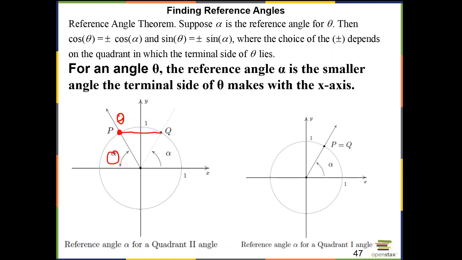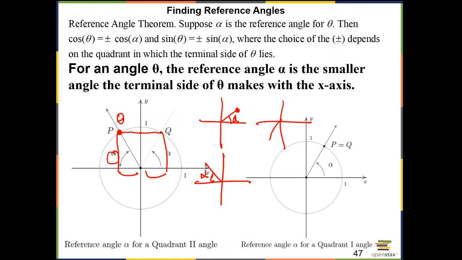Because they have the same sine and the cosines are just opposites, right? So if your angle ends up in the first quadrant, this is the reference angle. If it ends up in the second quadrant, this is the reference angle. If it ends up in the third quadrant, then that's the reference angle. If it ends up in the fourth quadrant, then that's the reference angle.